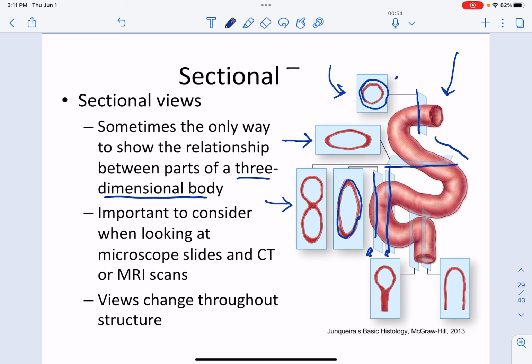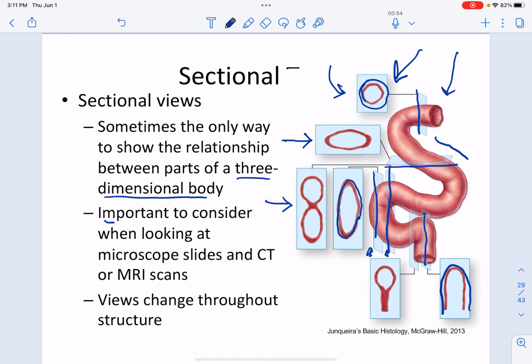Again, if you took a section down here, you don't get this view anymore. You get this view, because of the way you sectioned through the tissue.